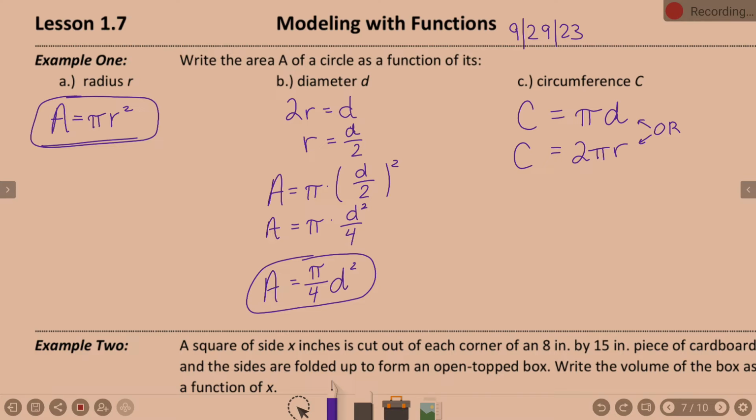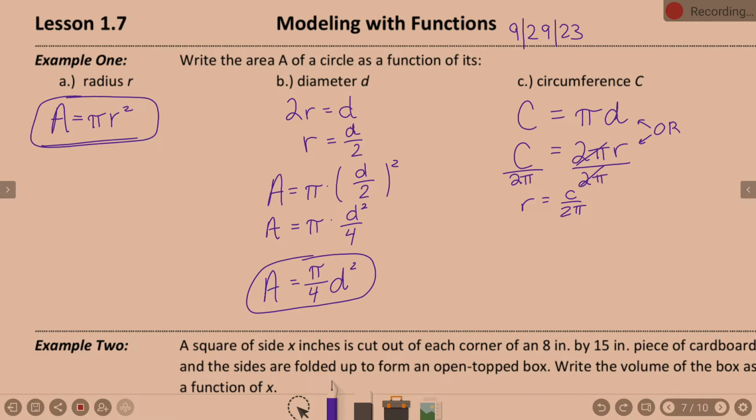So if I take this right here and solve it for r, what are you going to do to get r by itself? Divide by 2 pi. We divide one side by 2 pi, we're dividing the other side by 2 pi. And so that means what is r equivalent to? C over 2 pi. I didn't say it was pretty.